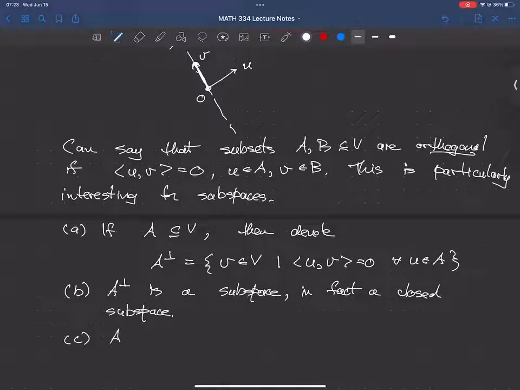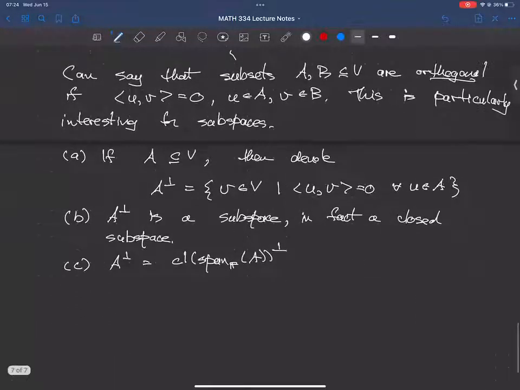So A perp is equal to the closure of the span of A perp. Okay, so you can take a much larger subset and its orthogonal complement.